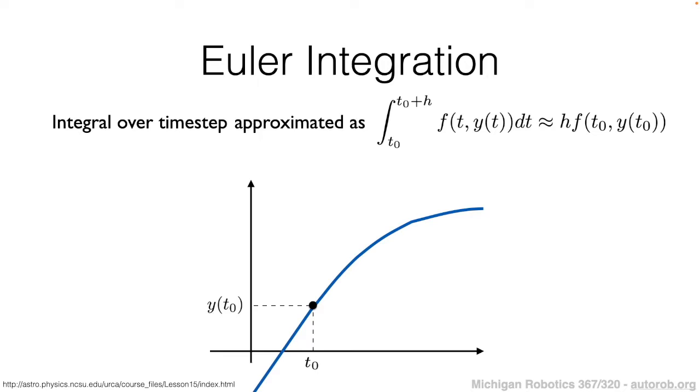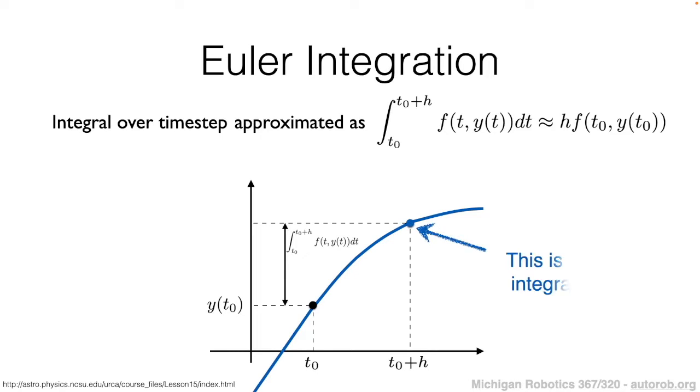We want to be able to predict how this system is going to change so that we can specify the state at some future time step. So let's say that we want to know what the state of the system is going to be at time t naught plus h. Within this time step, if we look visually, we can pick out on the function of our state exactly where the state of the system will be at that time. But that's not what Euler integration does.